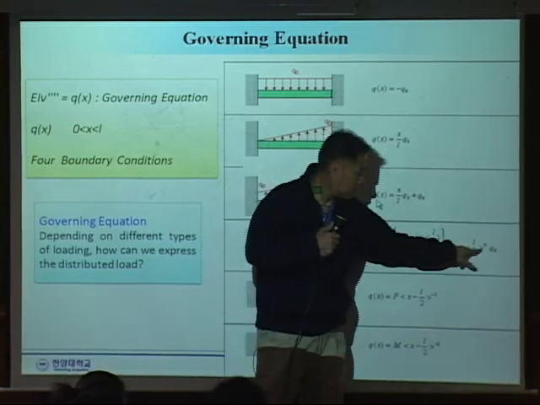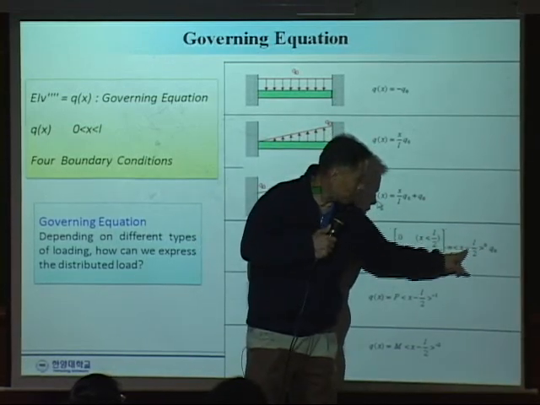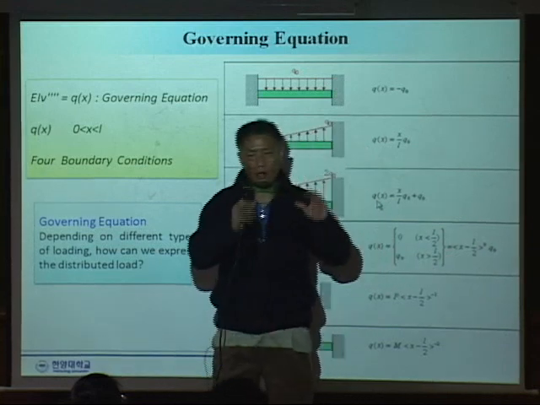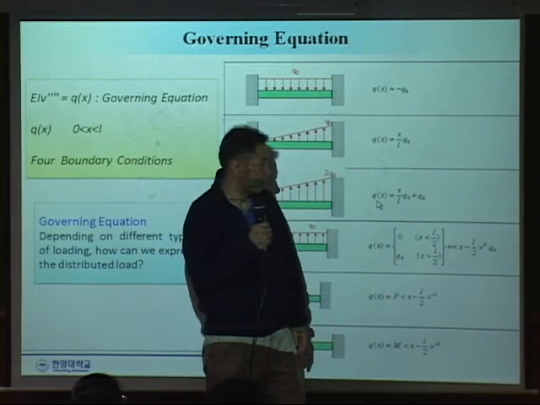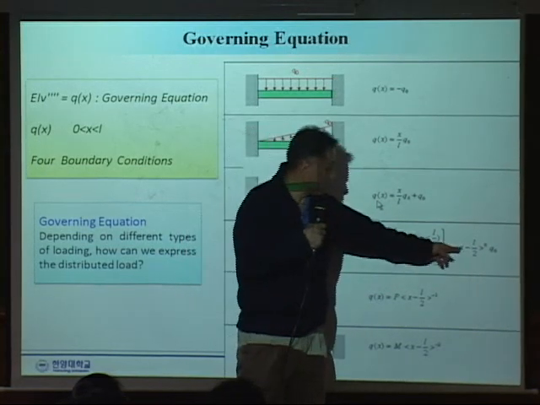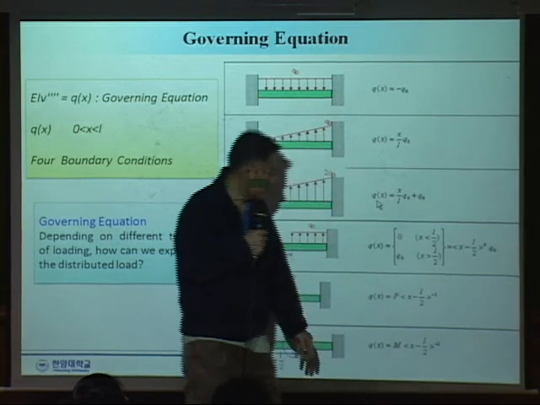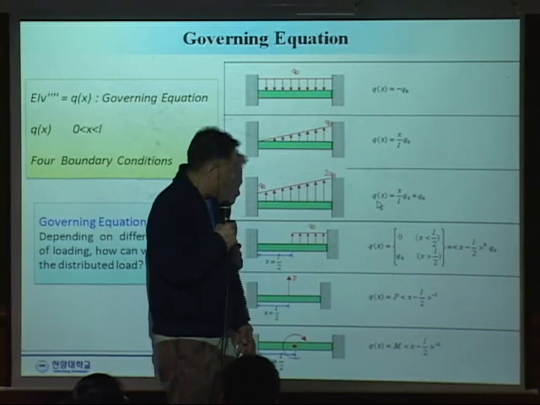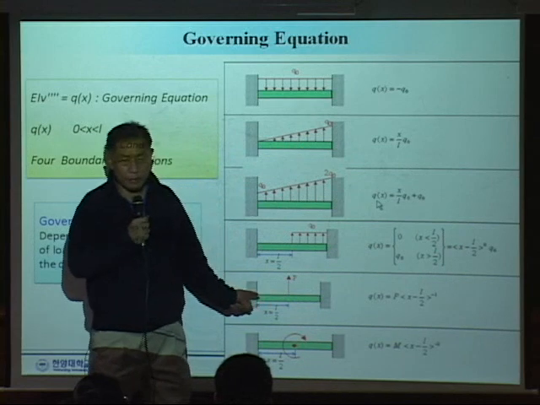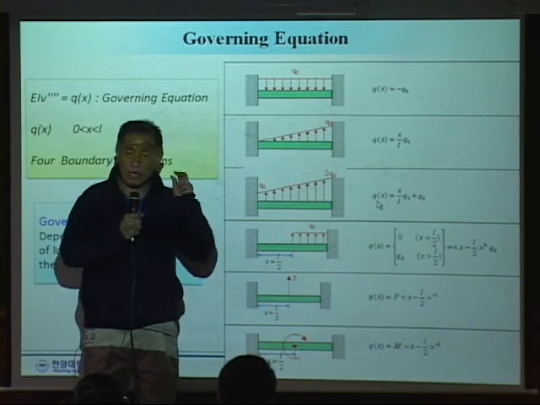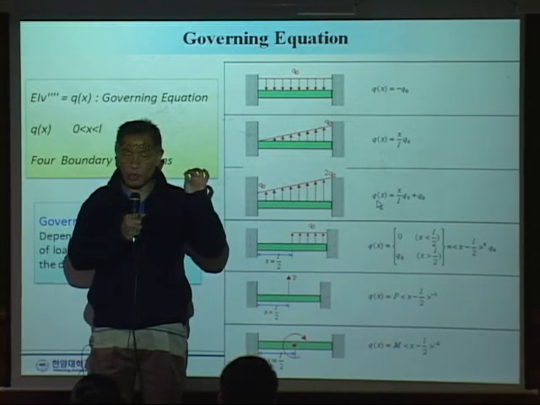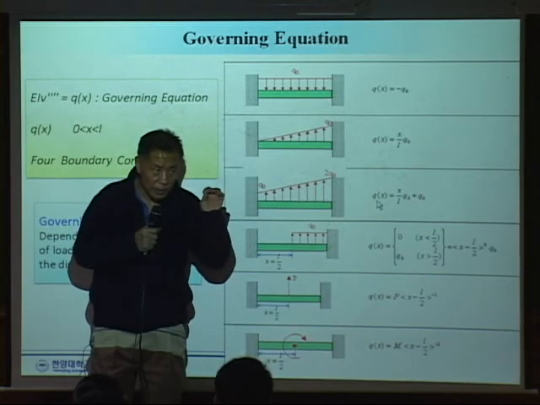If it is positive, then this bracket just becomes a regular parenthesis. So you will see what it means from these definitions. And for the concentrated load, do you remember that there was a section called singularity function?